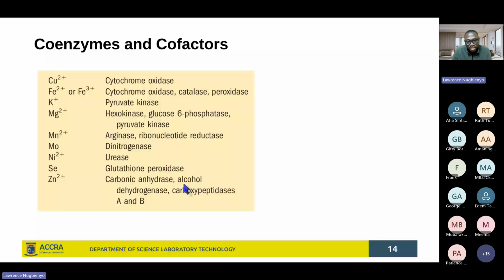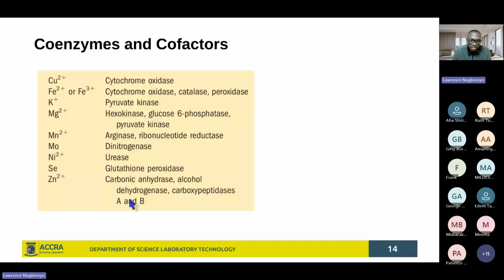Alcohol dehydrogenases. I think we saw dehydrogenases, and I mentioned that dehydrogenases are oxidoreductases. Carboxypeptidase. So as a peptidase, you have some transfer of a carboxyl group out of the peptide, or because it's carboxy, it will rather be bringing a carboxyl group there.